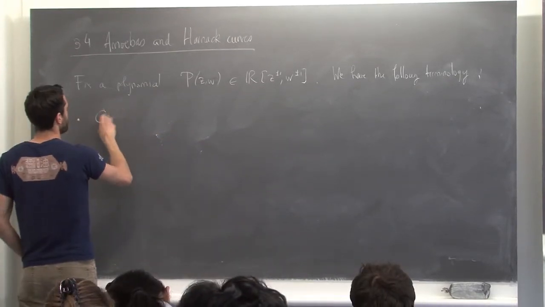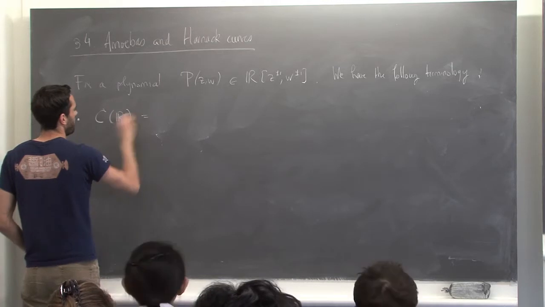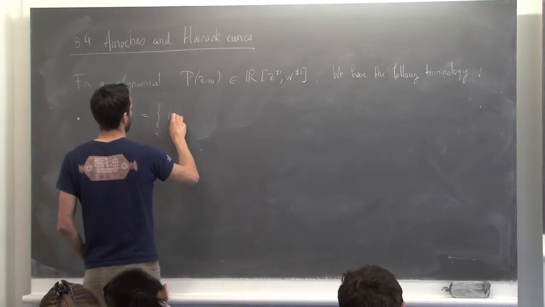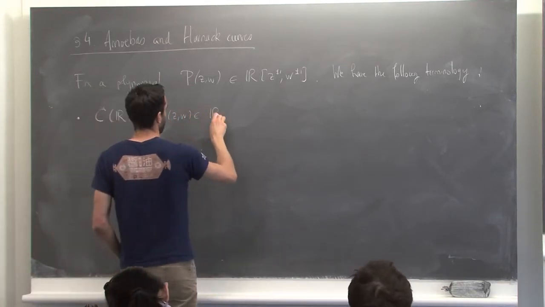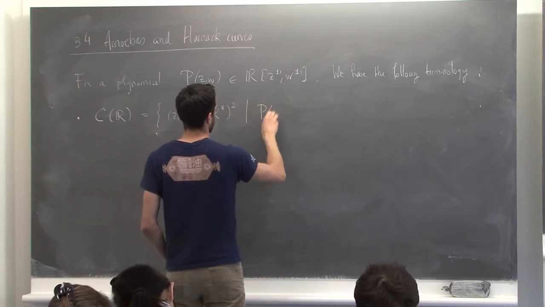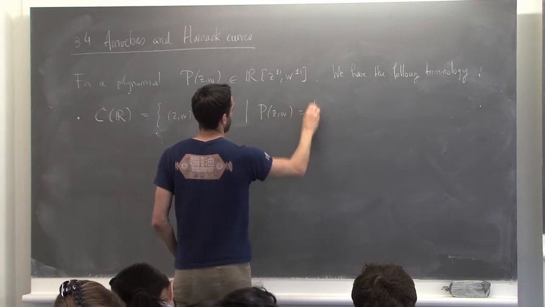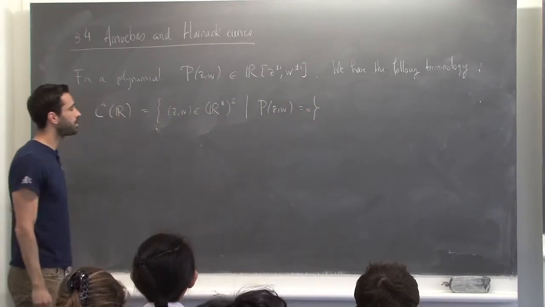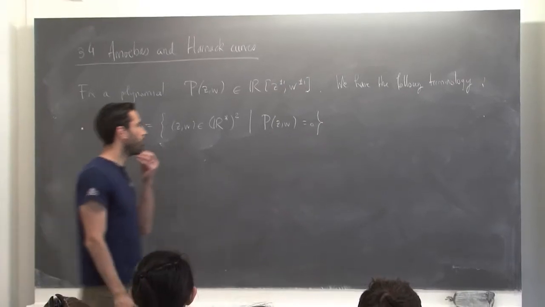So I want to denote C of R to be all the zeros of this polynomial. So this is the associated real curve.